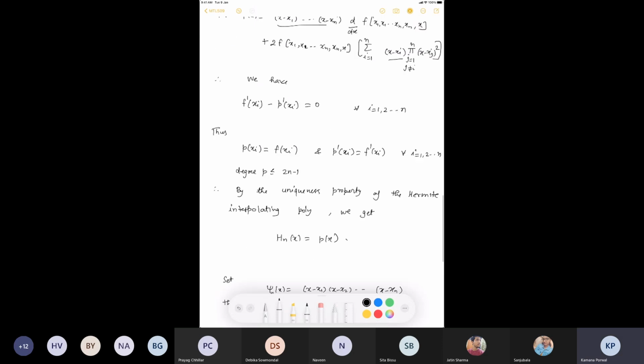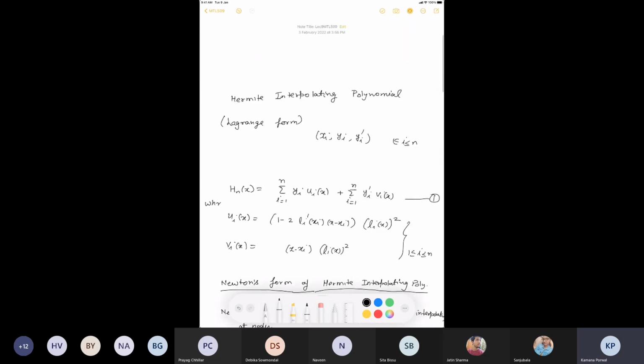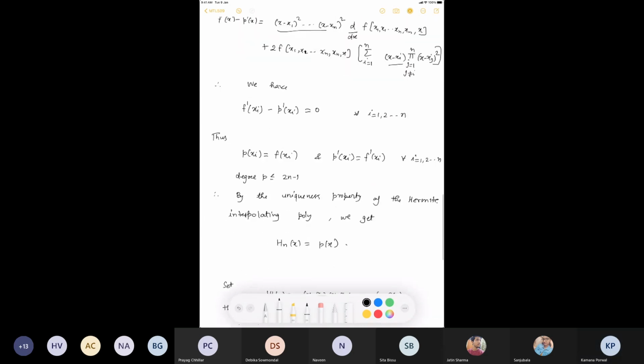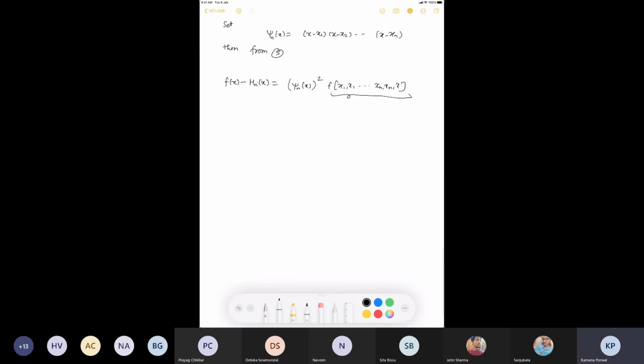I'm assuming that f is 2n times continuously differentiable on the smallest interval containing all the xi's. You can see clearly why I'm assuming 2n times differentiability, because I'm having this divided difference, and this is related to the 2nth derivative of f.